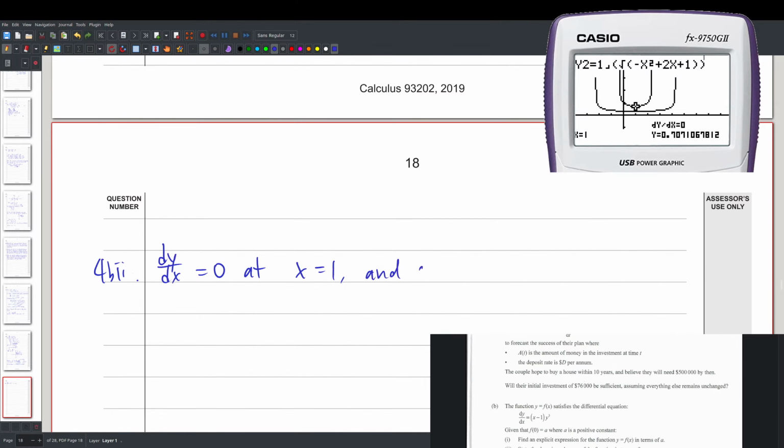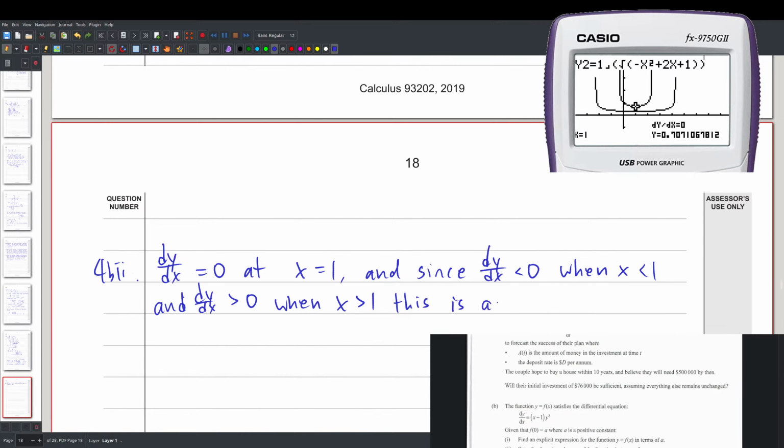And since dy/dx is less than 0 when x is less than 1, and dy/dx greater than 0 when x is bigger than 1, this is a global minimum. The upper bound, there is no upper bound.